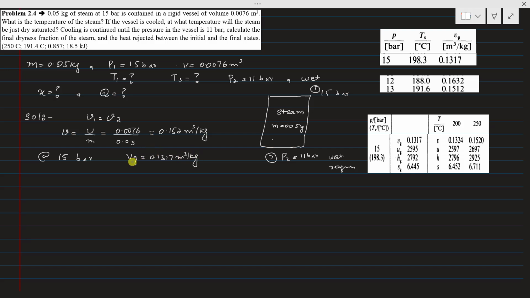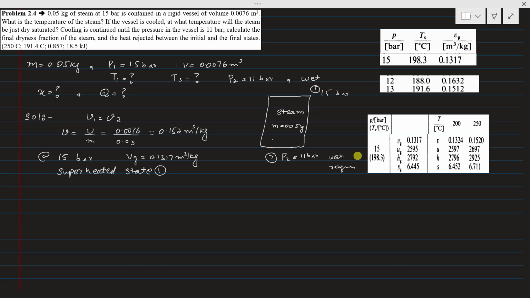It's obvious that the Vg value is less than the specific volume that is provided. On the basis of that we can conclude that our initial state point is in the superheated region. State 1 is in the superheated region. So all the corresponding values you will see from the superheated steam table, not from the saturated steam table.